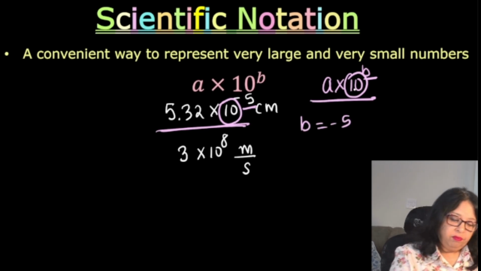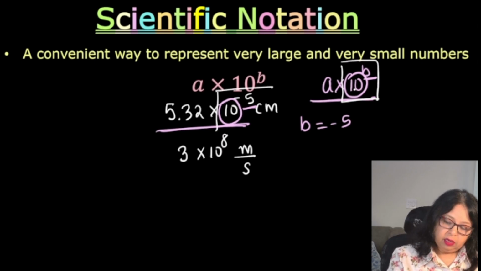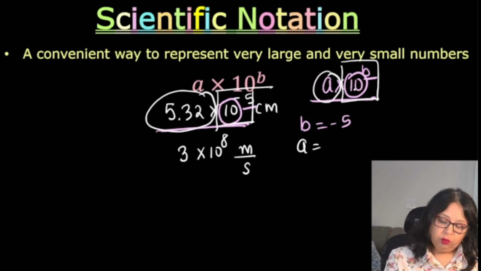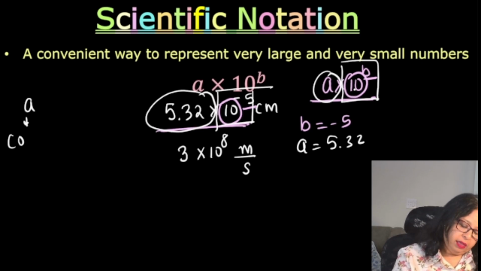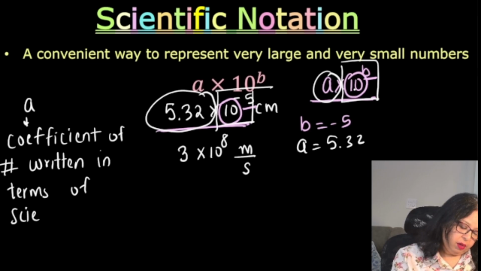And if this factor equals this factor over here, then 5.32 must be equal to a. So a is equal to 5.32. And a is called the coefficient of a number written in terms of scientific notation.